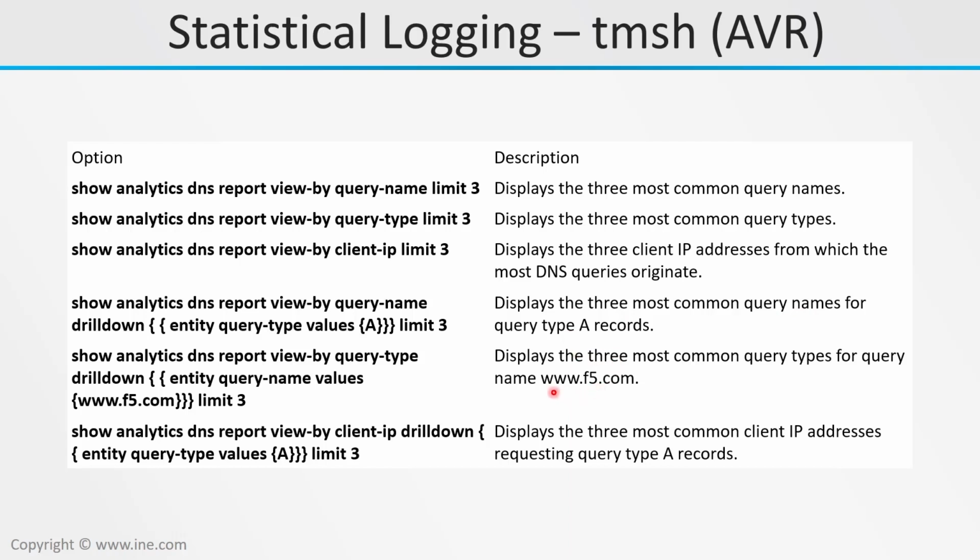Here we're displaying specifically for F5.com the most common query types, and then this last one is the 3 most common client IP addresses requesting query type A records. So there's many different ways to drill down and identify this information quickly using the AVR module. Instead of doing a show gtm profile and looking at all the profile data, you really get a good sense of exactly what you want to see at the sampling rate you want to see it at.